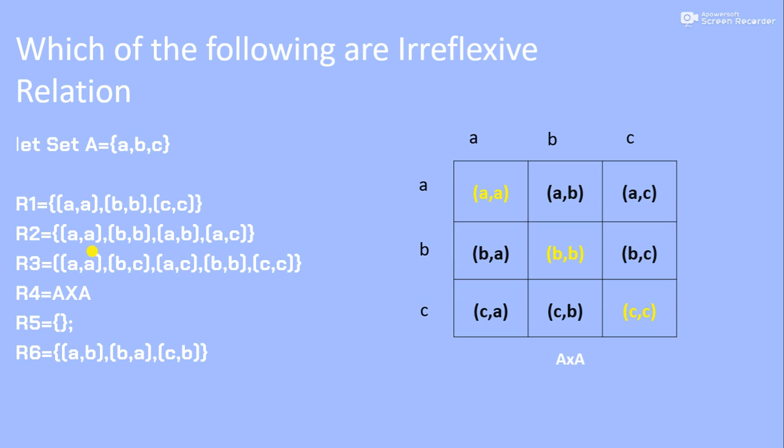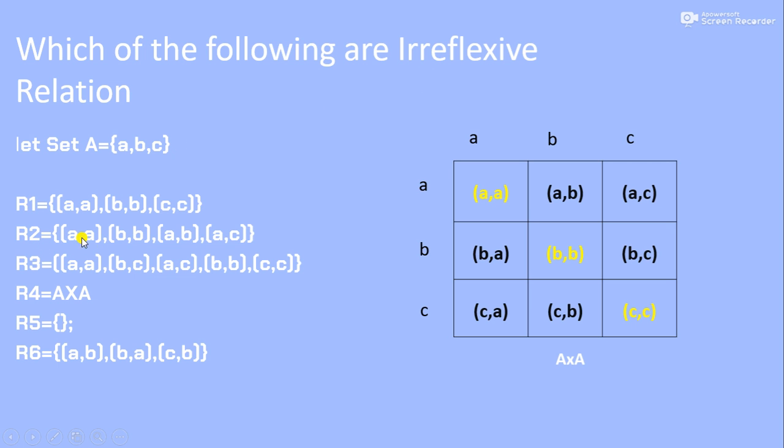This is the cross product and the matrix representation of the cross product, and in irreflexive relations we don't need to include these diagonal pairs. In R1 we have the diagonal pairs AA, BB, CC. Therefore R1 is not an irreflexive relation.